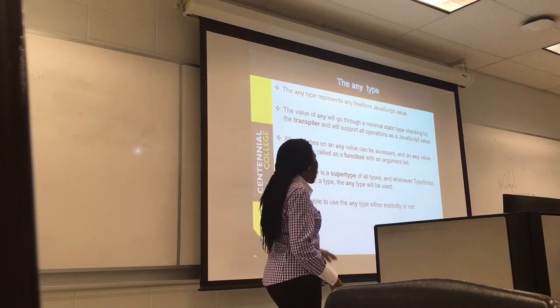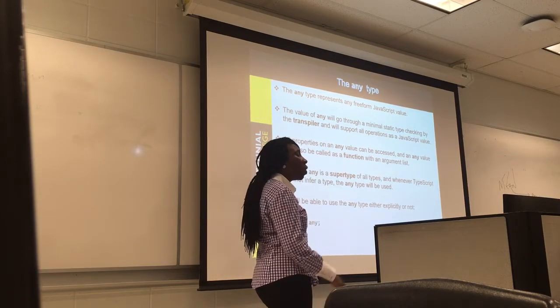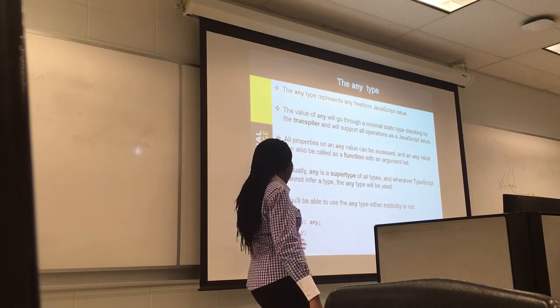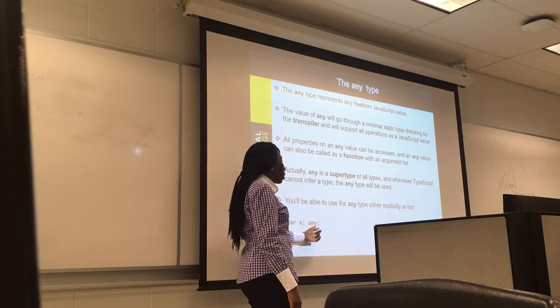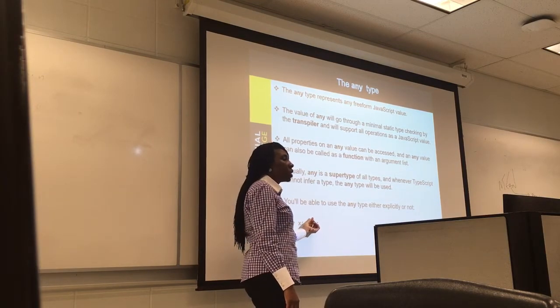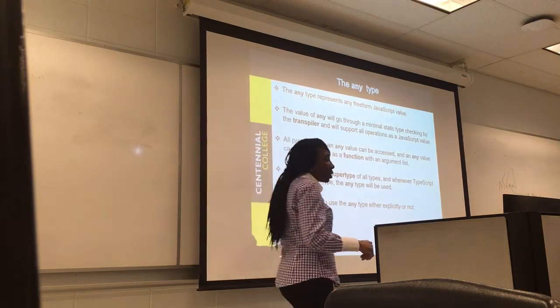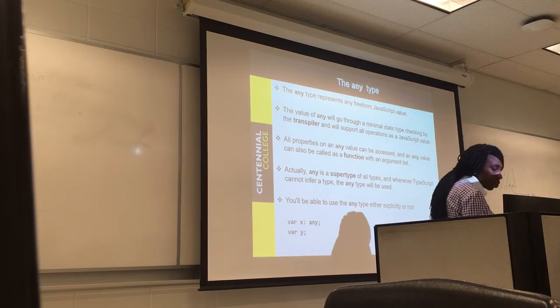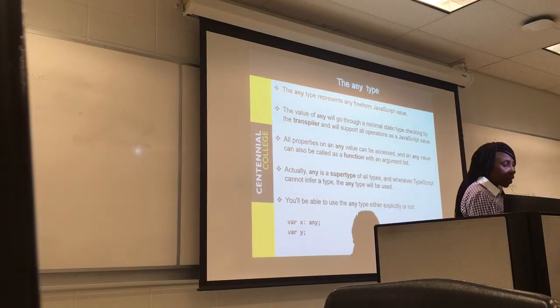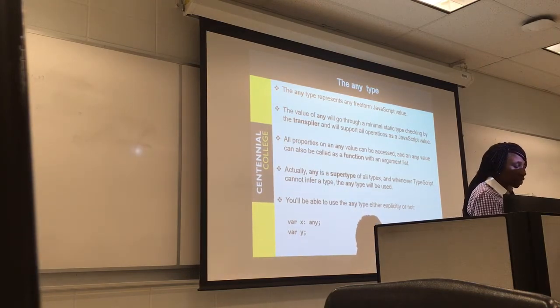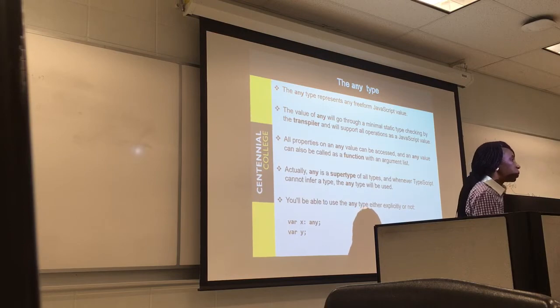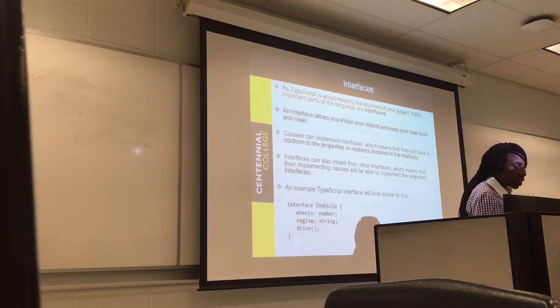So you'll be able to use any type either explicitly or not, right? For example, we say variable x is any. So if you use this any type, the types available at this point, it has what we call the any type, and the any type can be used to access any value.